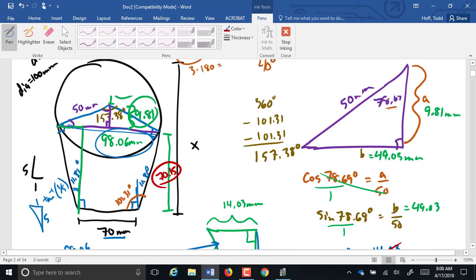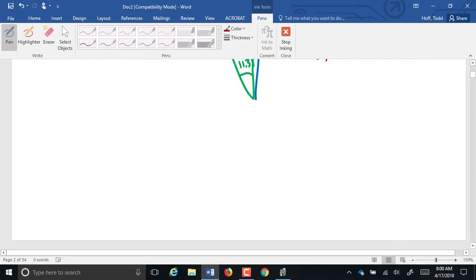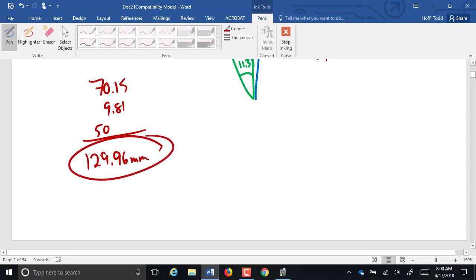So 70.15 plus 9.81 plus 50. 129.96 millimeters. Not so bad.